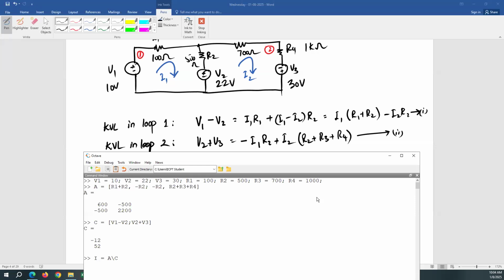Remember, I told you backslash can be used as well when you are performing the inverse of a matrix. When you're performing the operation inverse of A times C, you can also use backslash, or you can just do inv(A) times C.